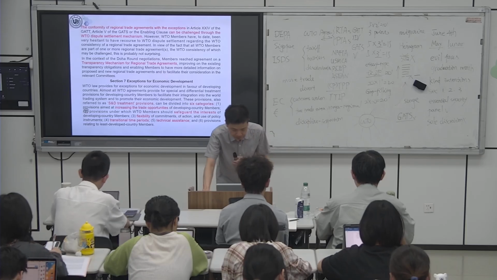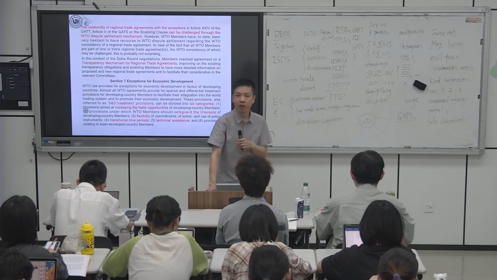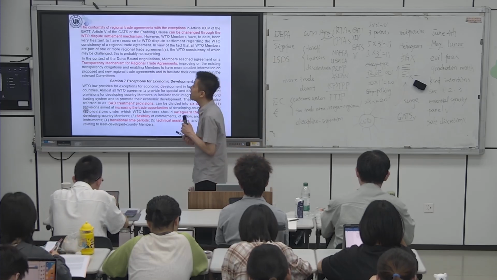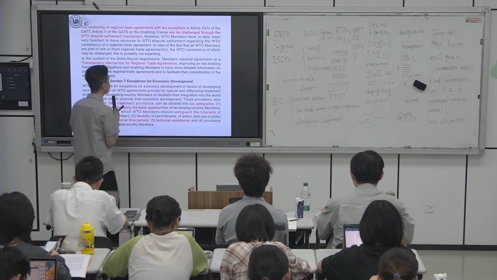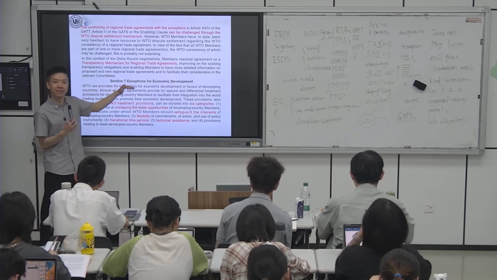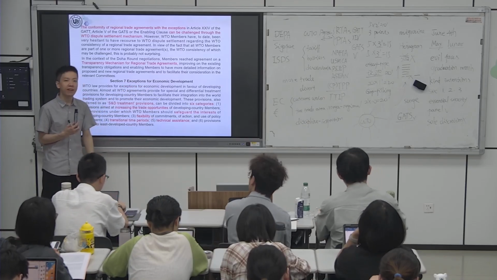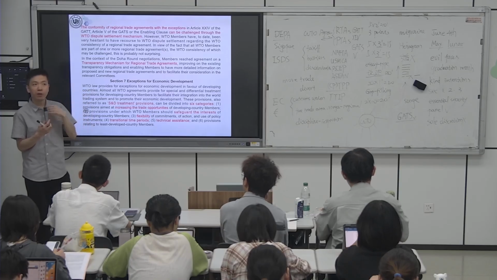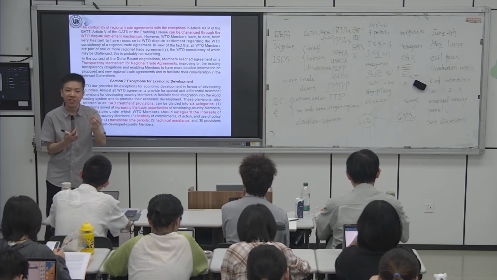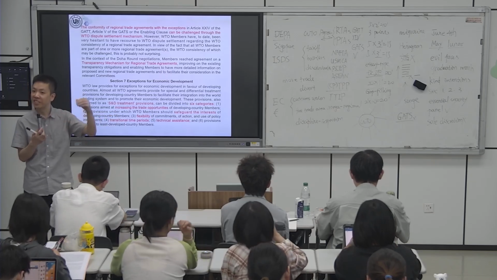Okay. I think thus far, maybe you are almost completely lost. Now, let's go further to section 7. The exceptions for economic development. You still remember the development dimension in WTO? What's that about? Development dimension.